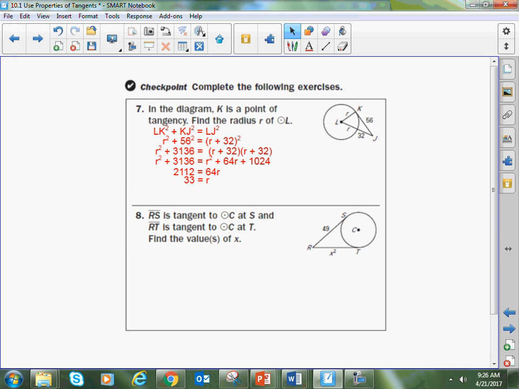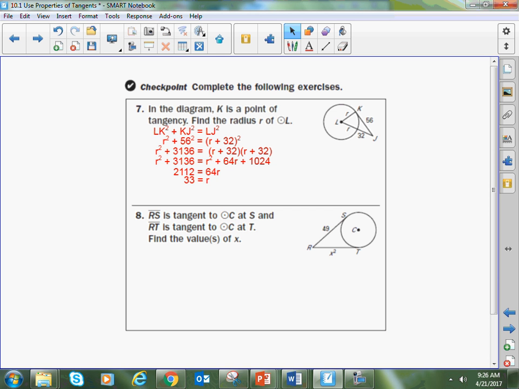Expand (r + 32) to say (r + 32) times (r + 32), and use your FOIL method, your box method, whatever your algebra teachers taught you, to distribute the entire expression on the right side. Solving for r again, when I move one r² from one side to the other, they wind up canceling out. So in this case, solving for r, I get 33.